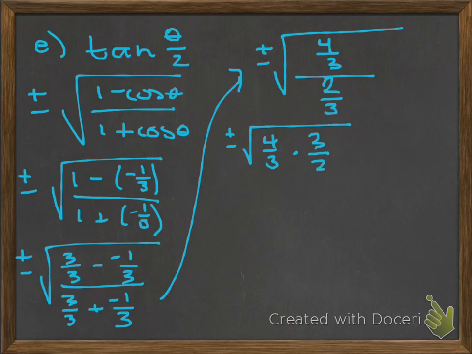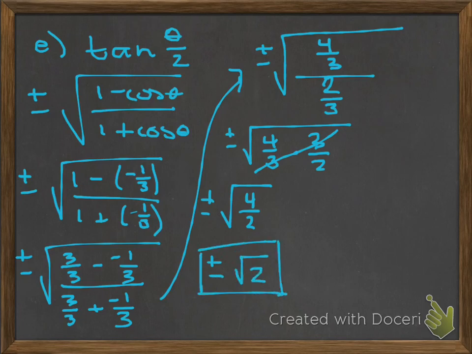And you're going to see that you have 3's top and bottom, so those 3's can cancel. So I'm left with square root of 4 over 2, which is just 2. And there's no rationalizing required because there's no fraction. So that's our final answer for tangent. So I hope that clarifies some questions on what we learned yesterday.